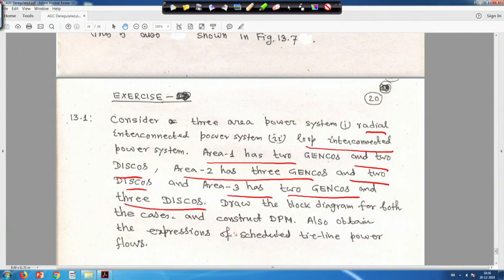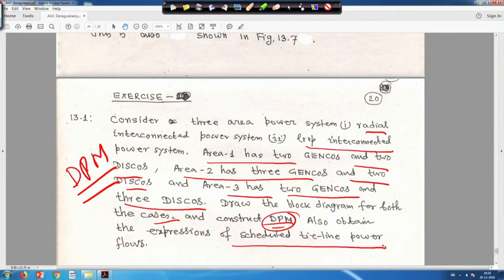So, please draw the block diagram for both the cases, that is a bigger one, and construct the DPM. In this case you will construct the DISCO participation matrix, right. Also obtain the expression of scheduled tie line power flows.